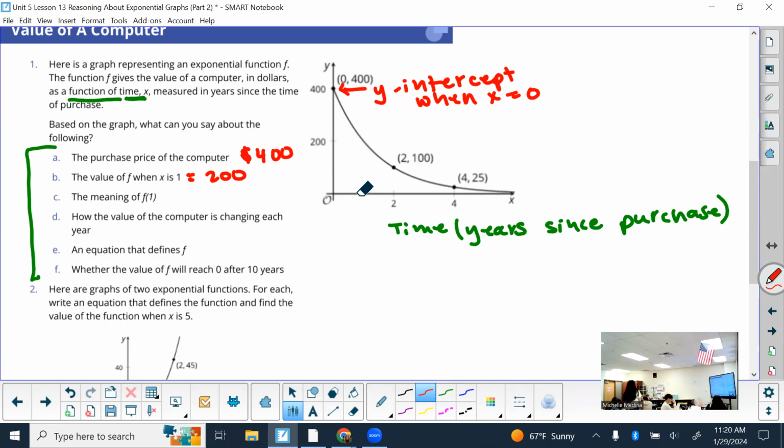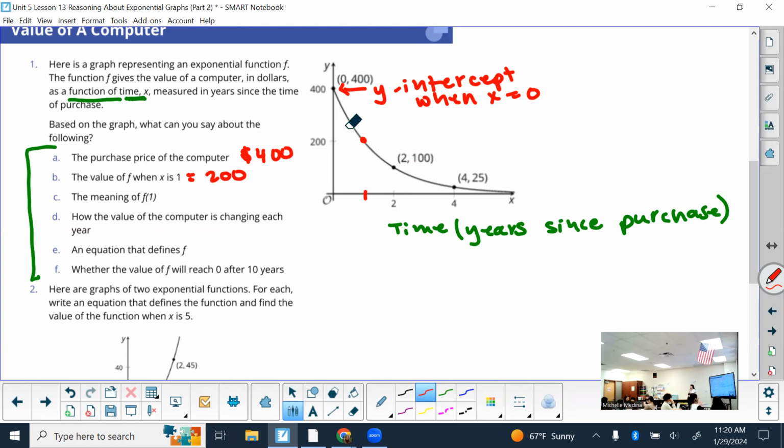I think on your homework, it wouldn't work that well, so I'm going to teach you another way to figure it out too. But if you have a graph that's easy to estimate, by all means. In between 0 and 2 would be where the 1 is on the x. See where it touches on your graph? It looks like it's touching at about 200, right? So that's reasonable to say f of 1 equals 200.